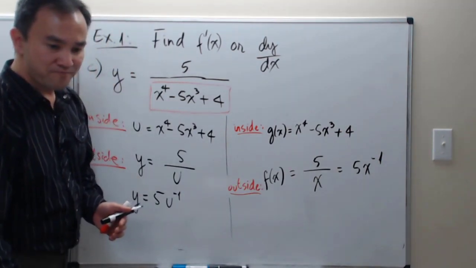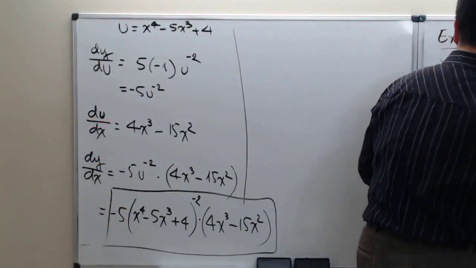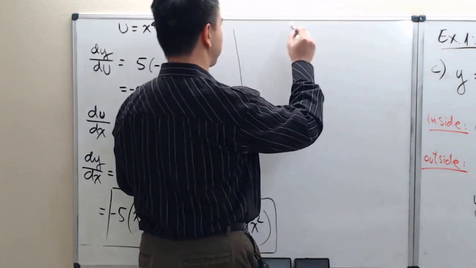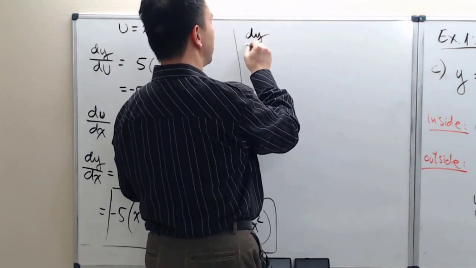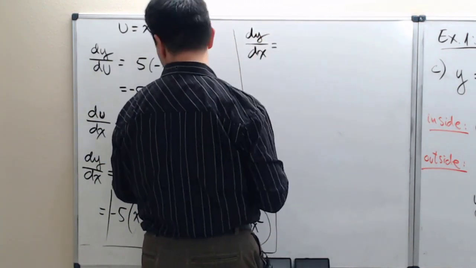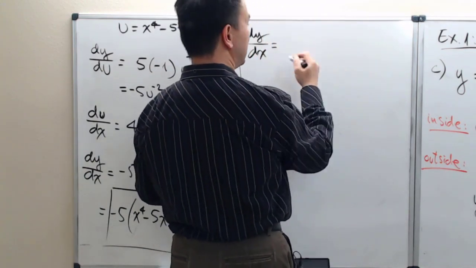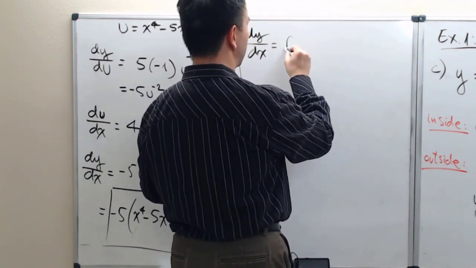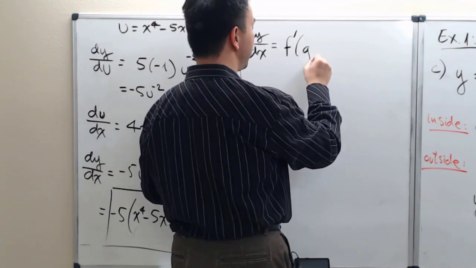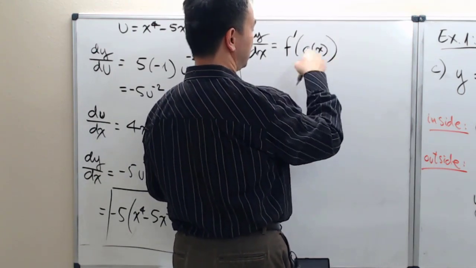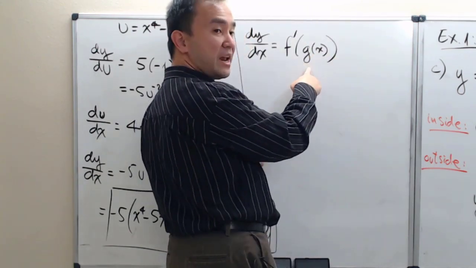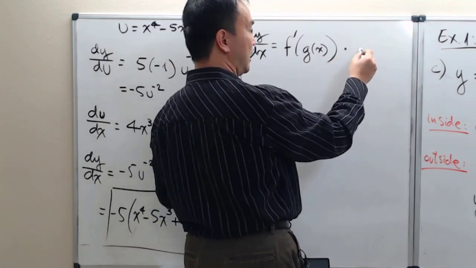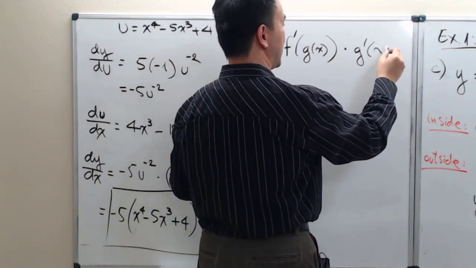And so now the derivative right from the beginning, the dy dx, according to chain rule. The chain rule says, in this form, we need f prime of g. Okay, f prime evaluated at g of x, multiply with g prime of x.